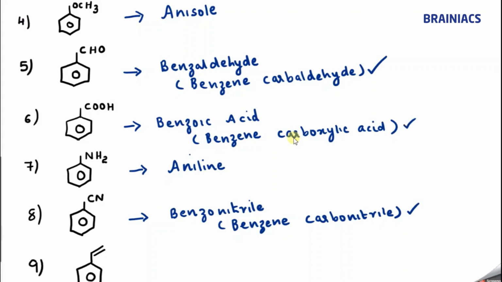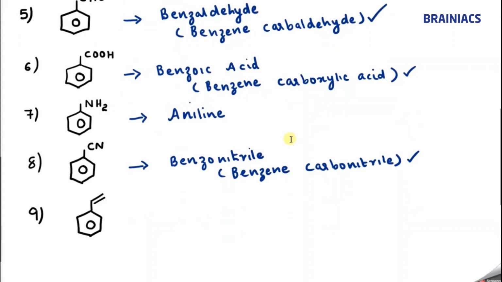Now coming to the next one, can you tell me the name of this compound? Some students used to say, sir, ethynyl benzene, but the common name which is accepted as IUPAC name is styrene. Styrene. Very important.